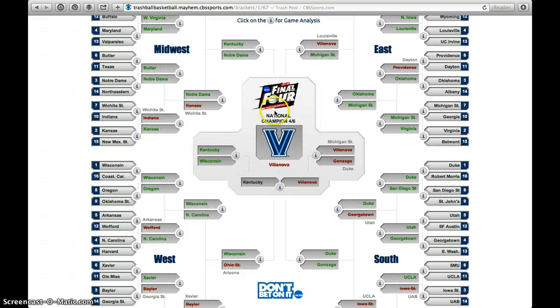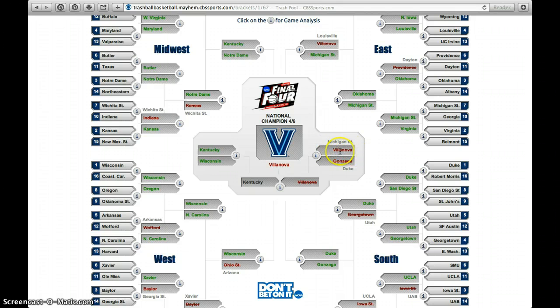Okay, you can see here we've got the Final 4 teams, and I successfully predicted Kentucky. You can see that they're in green, and they've made it this far in the tournament, just as Wisconsin has made it this far in the tournament. I chose Villanova to make it to the Final 4, and you can tell that they did not make it.